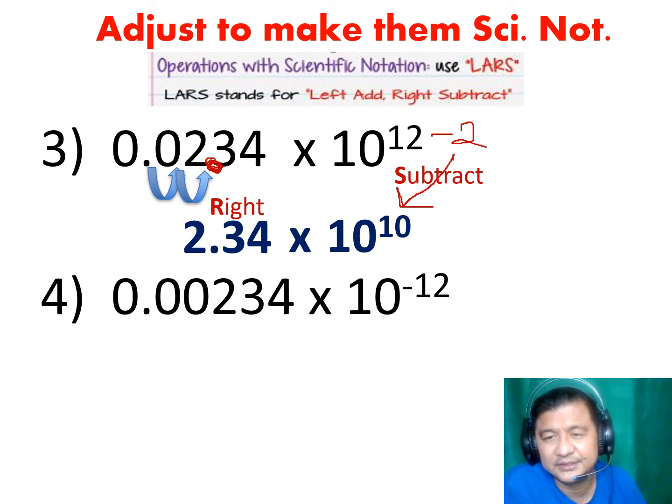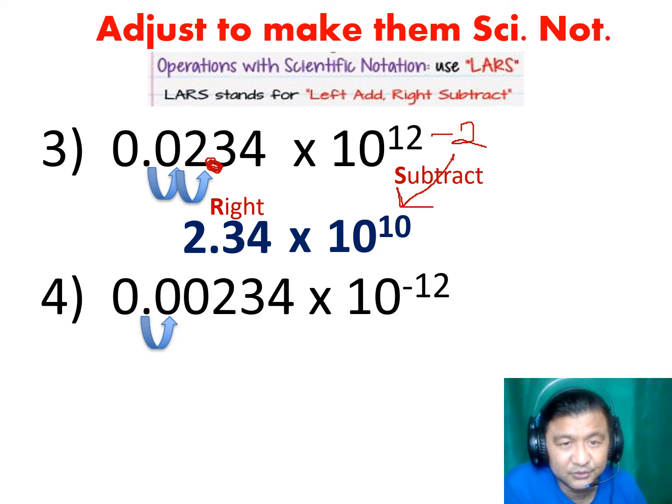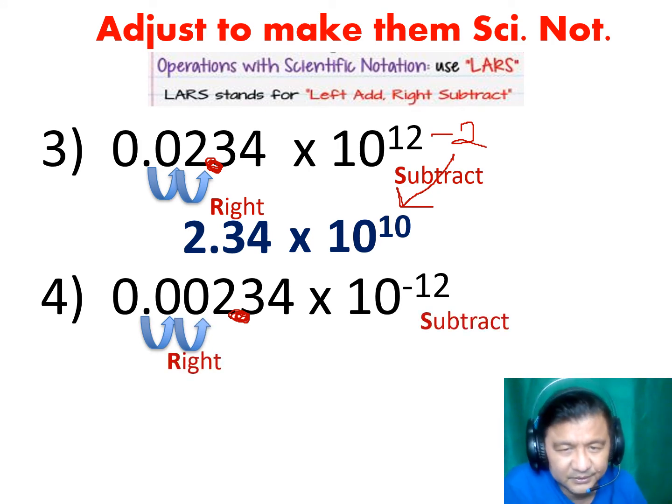Okay, let's try another example. I move to make it 2.34. The decimal point needs to be here, remember? So I move 1, 2, 3. There's a third one here. So therefore, LARS, S, subtract.